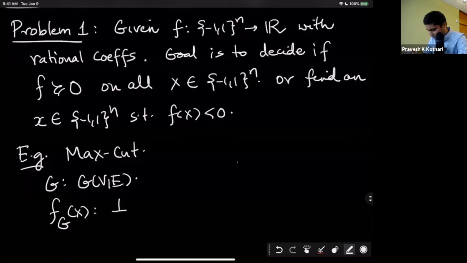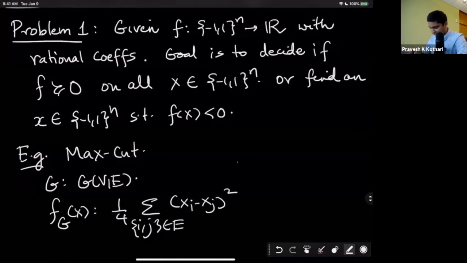We actually saw its form; it's basically this quadratic polynomial. So f_G(x), as you vary x, computes the size of the cut described by the set indicated by x. And so let's say you want to decide if max cut of G is at most some number C.